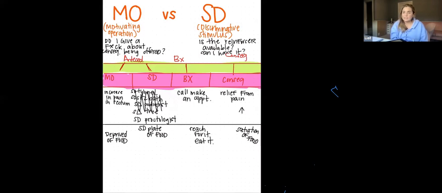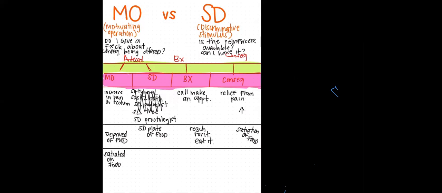Now let's start a new line with this. Let's say this time the MO background information is you're satiated on food. You just had Thanksgiving dinner. You're super full. You could still have the same thing here.